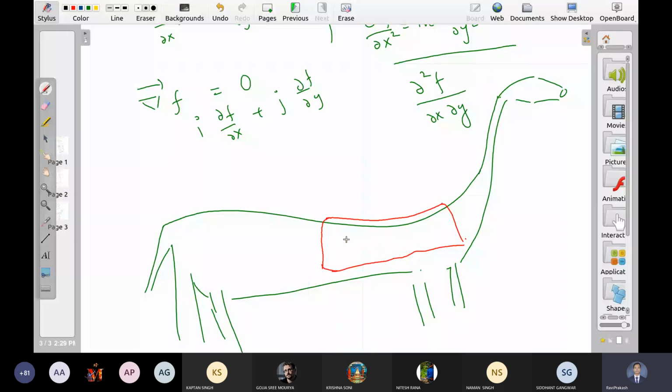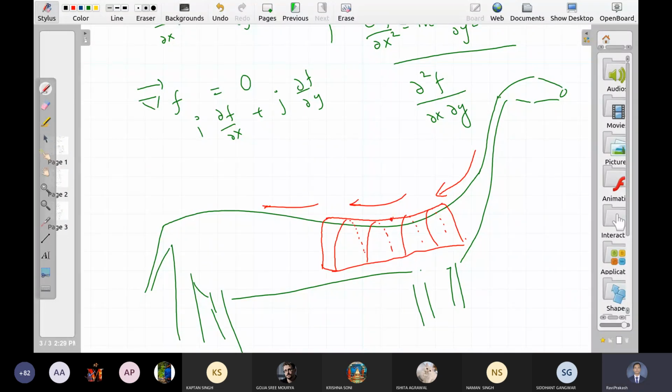Somewhat like a chip of Lay's. Yes, let me try to draw it. What I want you to notice here is, if you go along the length of the horse, like this way, from head to tail, let us focus on this point.